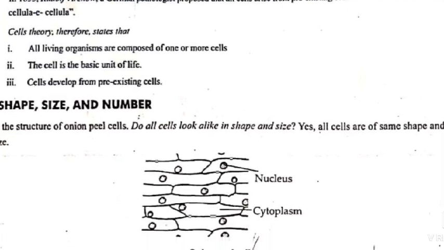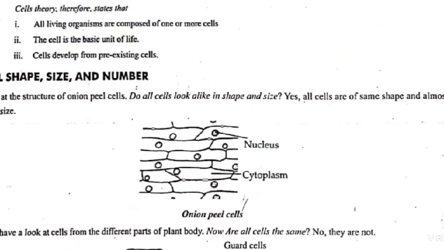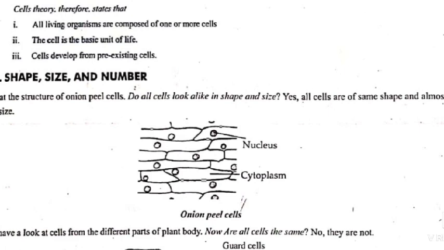Schwann proposed the hypothesis that the bodies of animals and plants are composed of cells and products of cells. Schleiden and Schwann together formulated the cell theory. This theory, however, did not explain how new cells were formed.